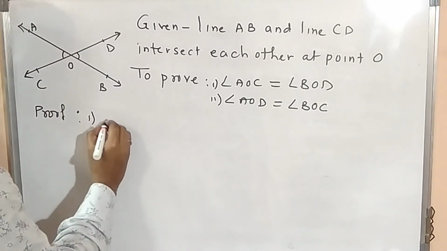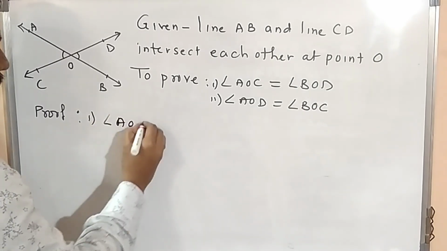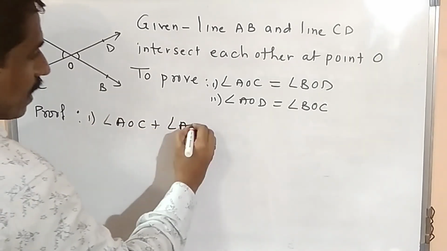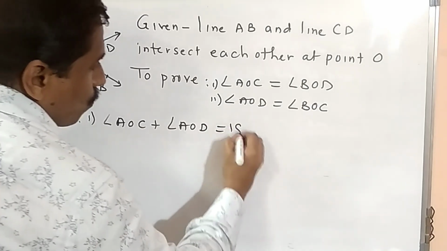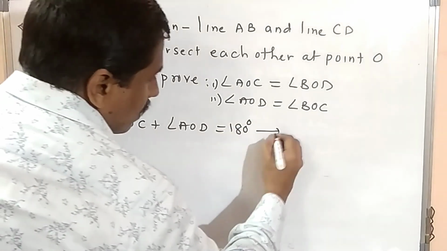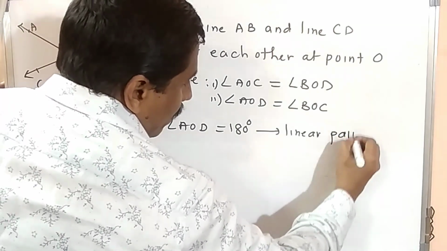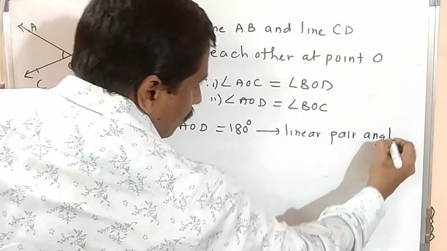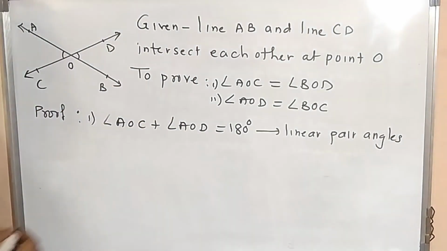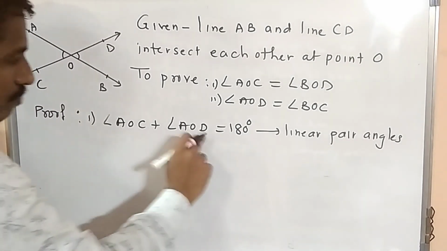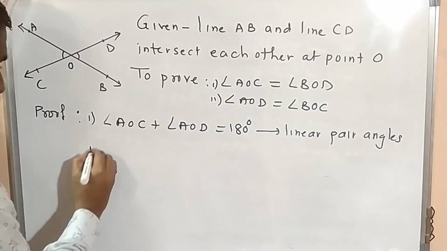So first one, angle AOC plus angle AOD is equal to 180 degrees. The reason for this is linear pair angles. What is the property? Linear pair angles are supplementary. Supplementary means their sum is 180 degrees.